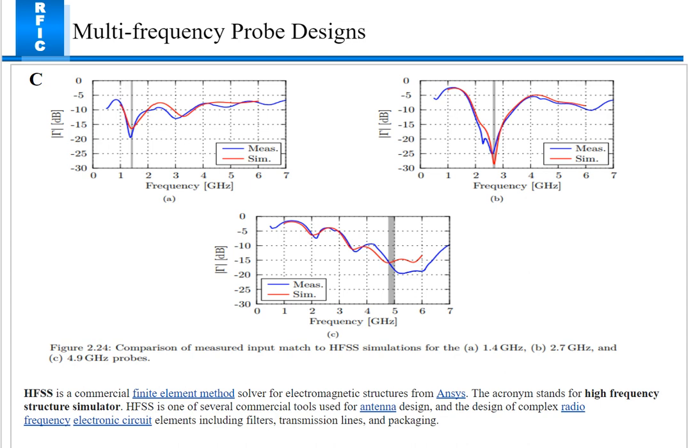As you can see in this figure, there are three graphs. This is a comparison between measured and HFSS simulation for the 1.4 gigahertz probe, the second figure is 2.7 gigahertz, and the third one is 4.9 gigahertz.